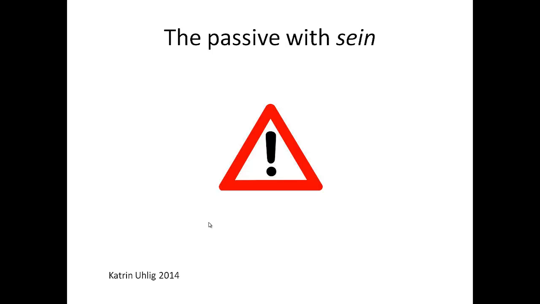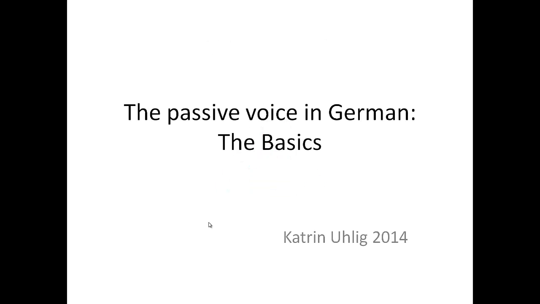However, that form is quite rare in German, and we only use it in certain contexts and in certain circumstances, whereas the passive with werden is very, very frequent in German, and it actually can lead to misunderstandings if you get your forms of werden and your forms of sein mixed up when you're making a passive. So it really does pay to know your werdens from your seins when you're making passives in German.